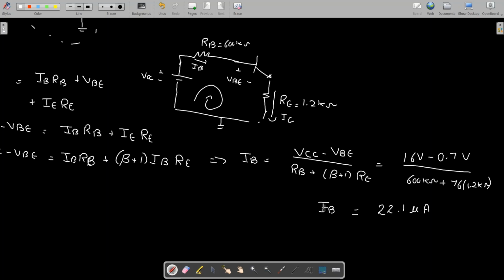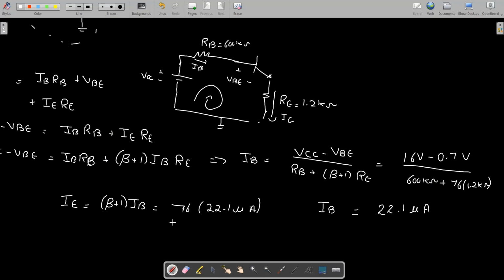Now when we found out the IB, we can easily find the IE. IE is your beta plus 1 IB. We know that. And beta is your 75, so this is 76 into IB, which is 22.1 microampere.